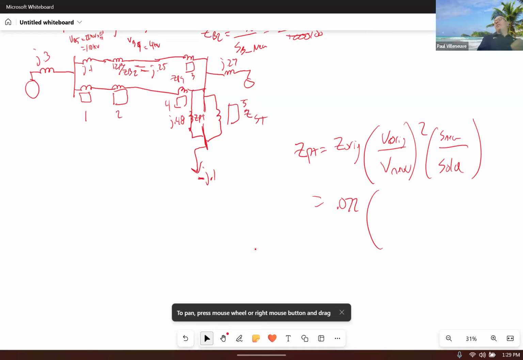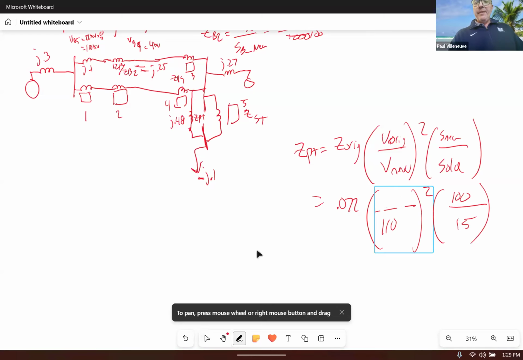We moved it to the high side, right? So the primary side. So V original is 110, V new was 110, so there's no multiplication there. And then we multiplied by S new, which is 100, divided by S old, which was 15. So if you don't want to put it in Excel, you don't have to. Let me clean this up. That's how you do it. It literally is define the regions, pick your voltages, and go from there.